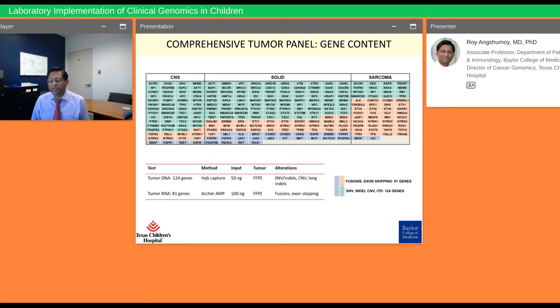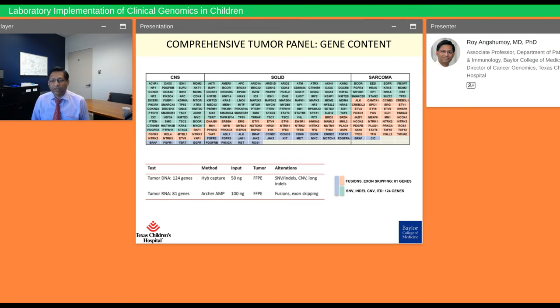This is an example of how these panels might look. There are genes that are primarily there for the mutation class that we've looked at, genes that are primarily there for the fusion or structural variation class that we looked at, and then genes that are there for both reasons. And this is an example of a panel that is used in the clinical diagnostics laboratory at our institution.